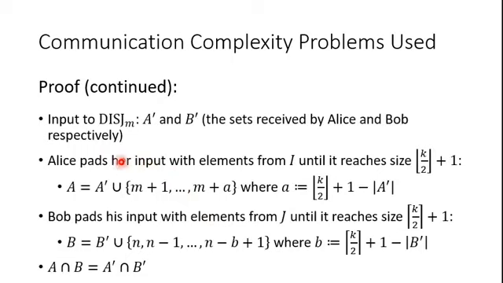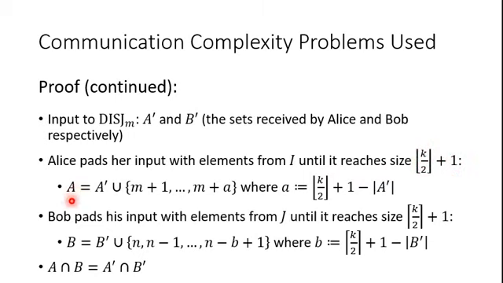So now we can continue the proof. The input to disjoint m is A prime and B prime. These are the sets received by Alice and Bob, respectively, for disjoint m. Then Alice pads her input with elements from I until it reaches the desired size that we need for our reduction, which is k over 2 lower bound plus 1.